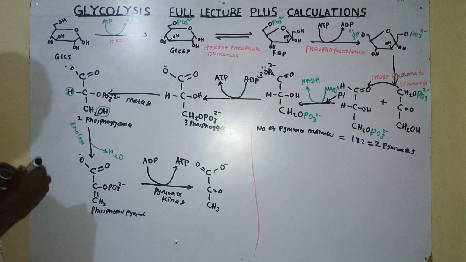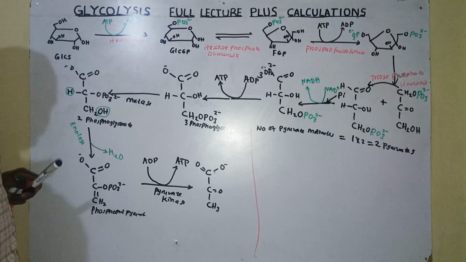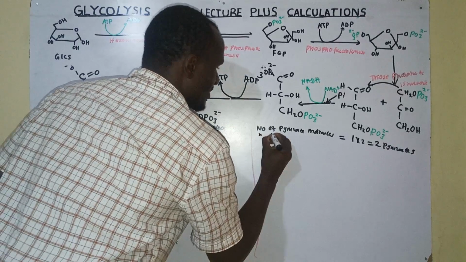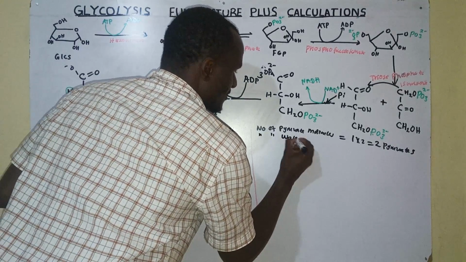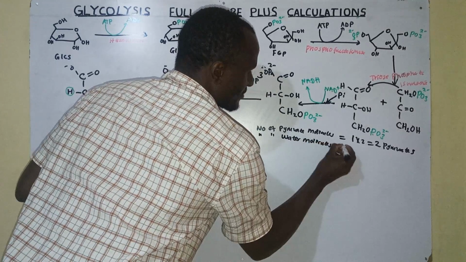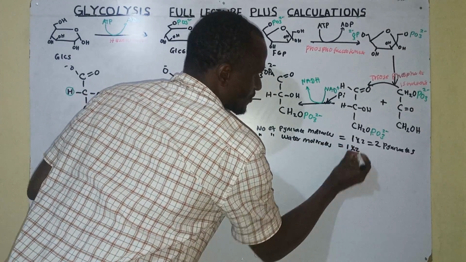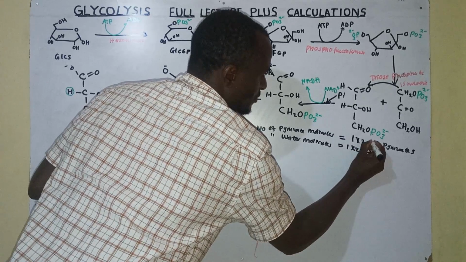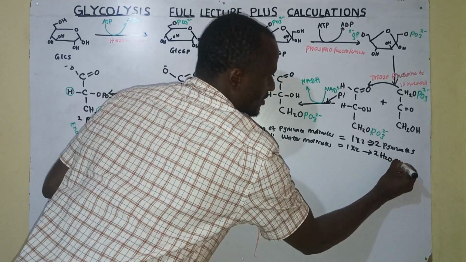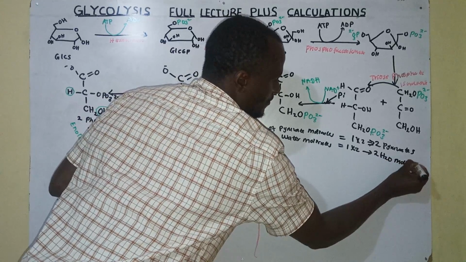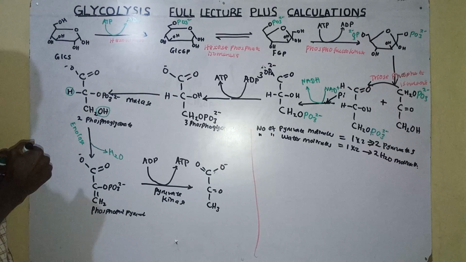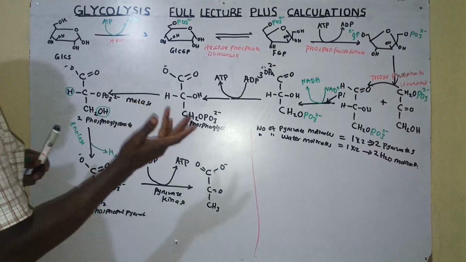So our next molecule will be water molecules. The number of water molecules will be 1 times 2. So those will be 2 water molecules. Then which other molecule are we looking at?